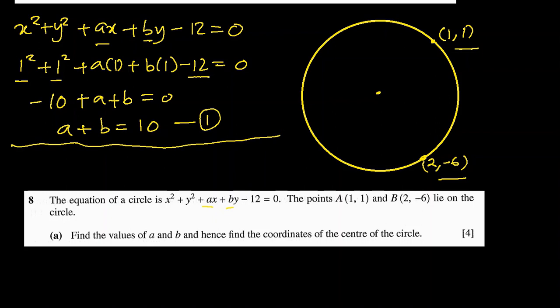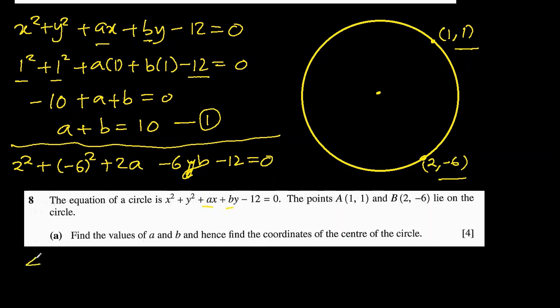Let's substitute (2, -6) now. So 2 squared plus (-6) squared plus 2a minus 6b minus 12 equals 0.